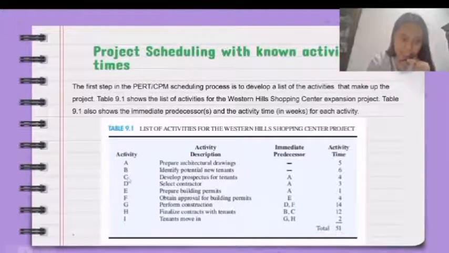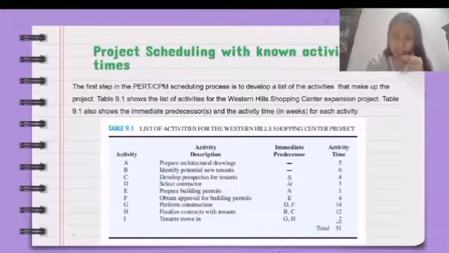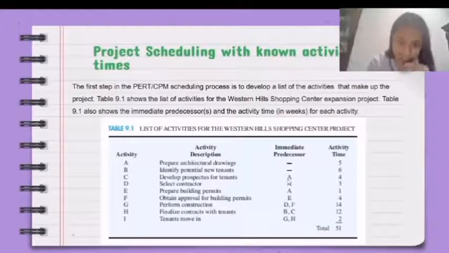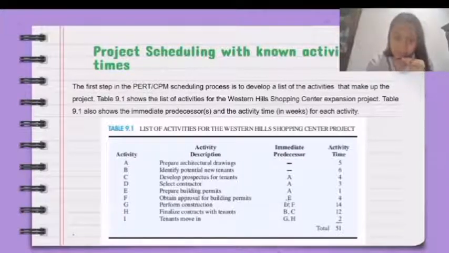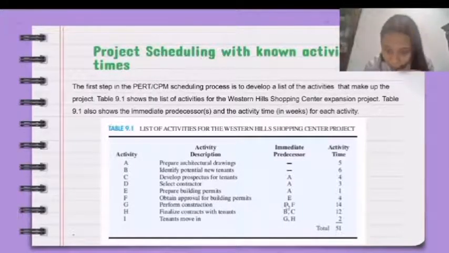While activities C, D, and E's immediate predecessor is activity A, so they cannot be started unless activity A has been completed. Activity F cannot be started until activity E has been completed. Activity G cannot be started until both activities D and F have been completed, and so on.